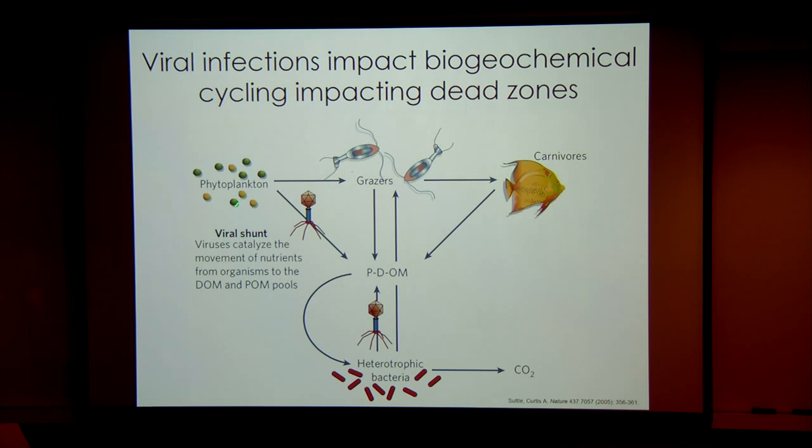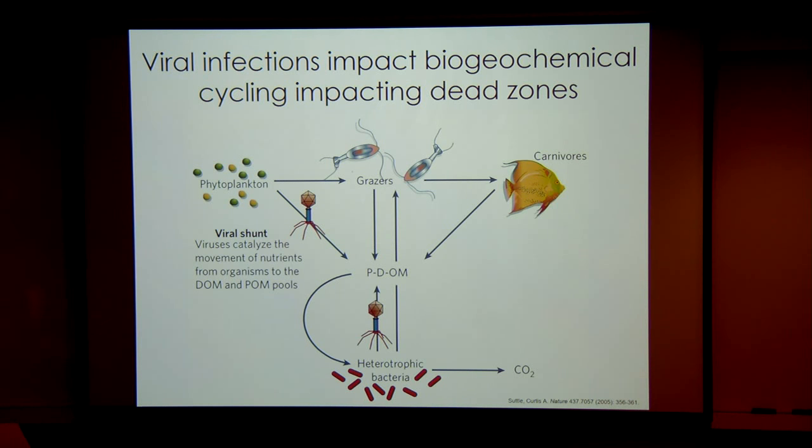But with a lot of viral predation, that productivity gets shunted to the heterotrophic bacteria as these organisms are lysed, and that dissolved organic material is made available to the heterotrophic bacteria rather than to the grazers. This could potentially impact overall food web structures within any of the environmental systems that we're interested in.